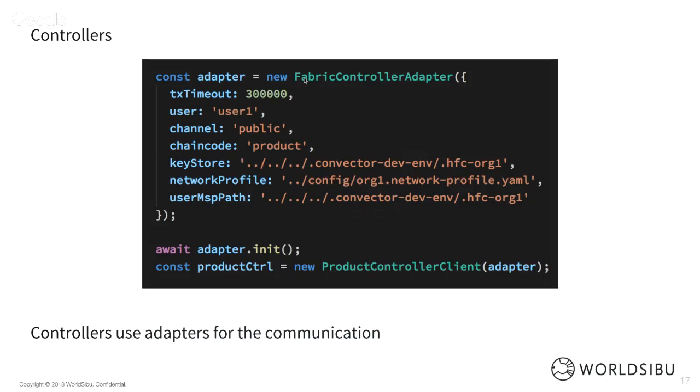We do have some other adapters. For example, we have a mock adapter that you can use for unit testing. This adapter, instead of going to a blockchain, will just emulate a blockchain in Node.js. It emulates the transactions pretty well, and you can use it to prove that the controllers that you're writing make sense when you try to deploy this to Hyperledger Fabric.